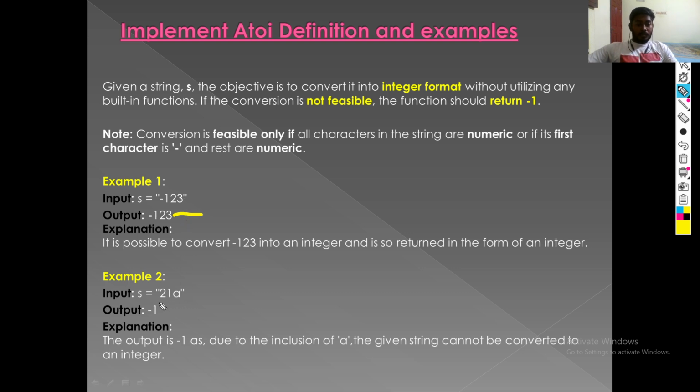If we get a value of 21a, we should not get 21, because it contains the character a, so the output is -1. I hope you guys understand that. But there are also additional constraints. I will tell you what they are in the next slide.